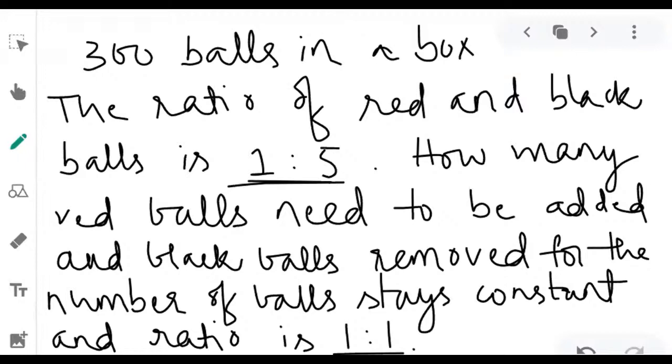Read the question once again. How many red balls need to be added and black balls be removed so that I have an equal number of red and black balls and the total number of balls is not changing? Yeah, anyone?